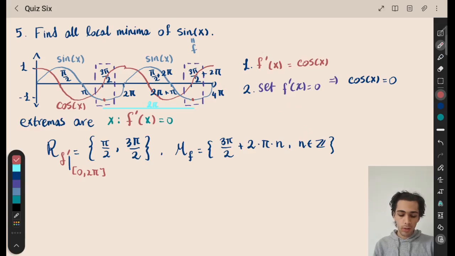So if the derivative is, for example, positive before 3 pi over 2, and then it becomes negative, then what you have here is a maximum, because you get the highest point and then you start decreasing, and vice versa. And you can do this by plugging in values, but that is not the focus of this tutorial.